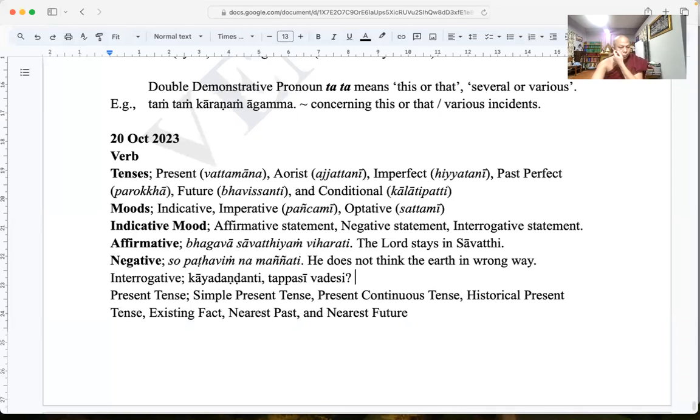So actually it should be in this way, that is based on the context. So "Dabasi", do you say "Kaya danda"?